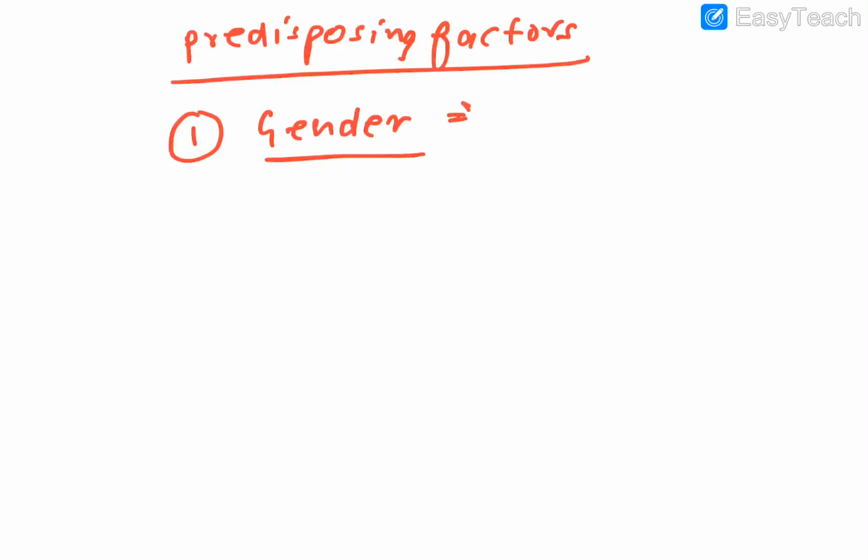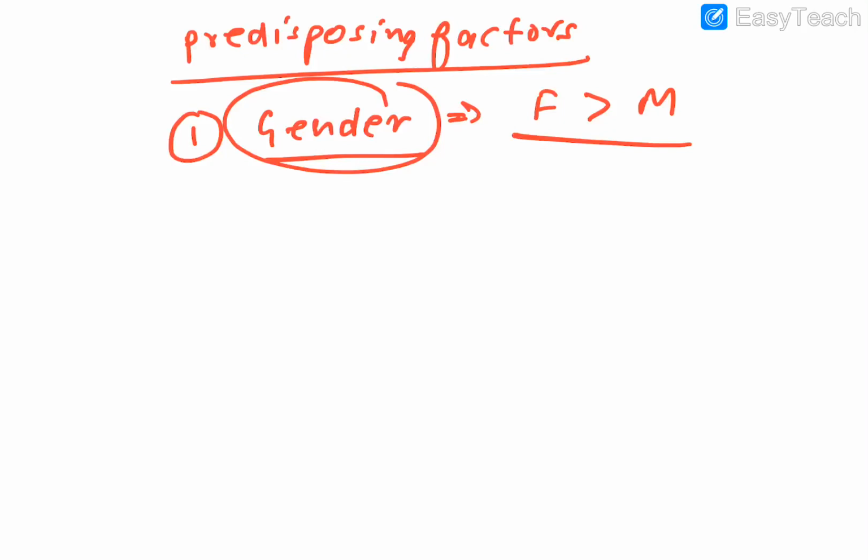This gender bias is here also: females have more chance of developing UTI than males. The reason is very simple: they have a short urethra and a close proximity, a short distance between the urethra and the anus, and because of that they have very high chances of colonization, leading to the disease. So females have this because of two things: the short urethra, and the close proximity to the anus.